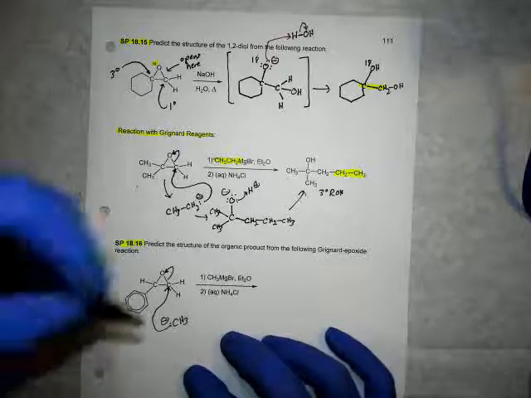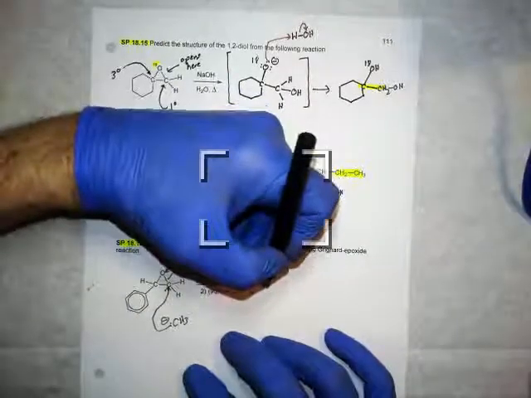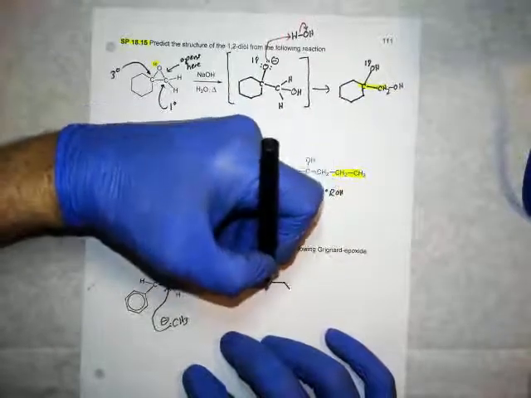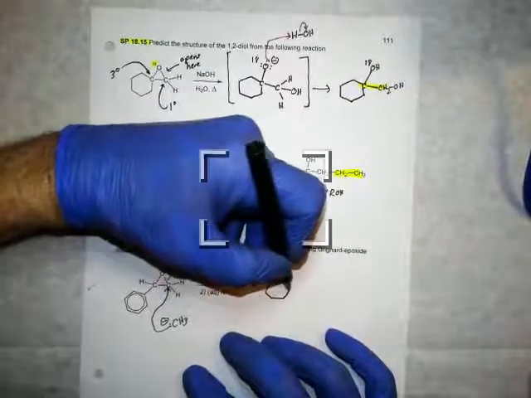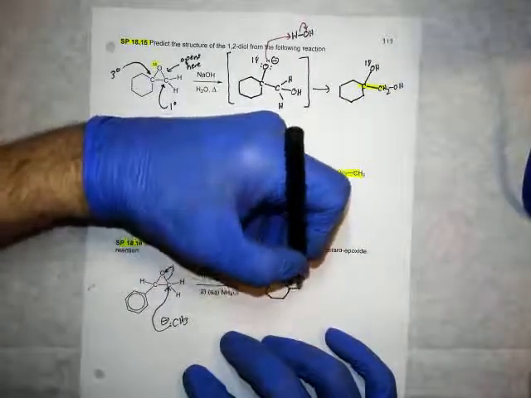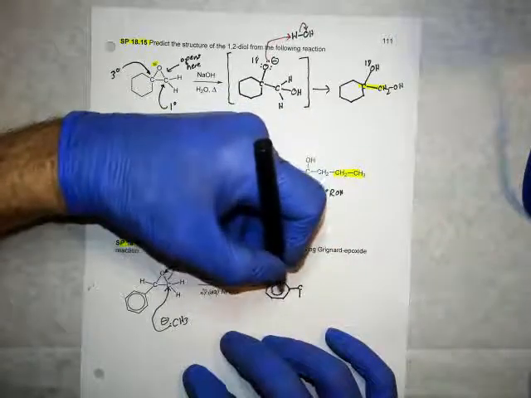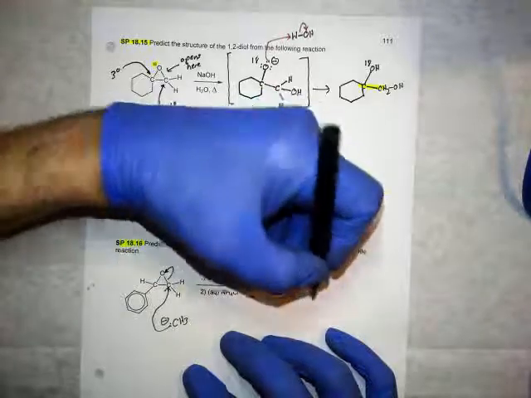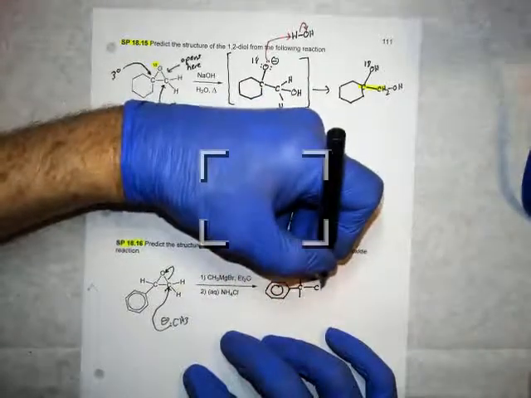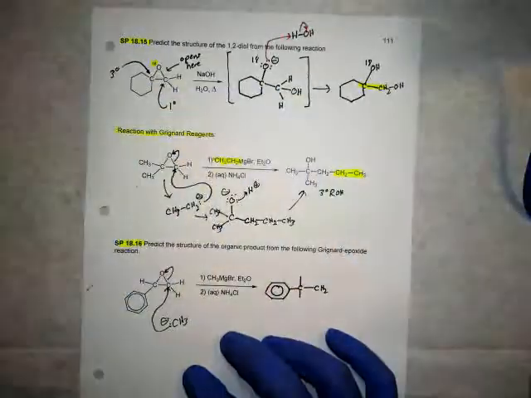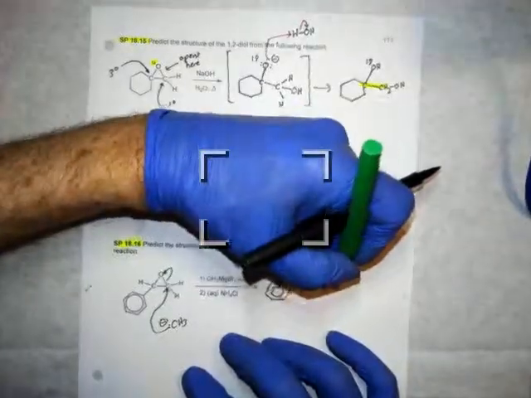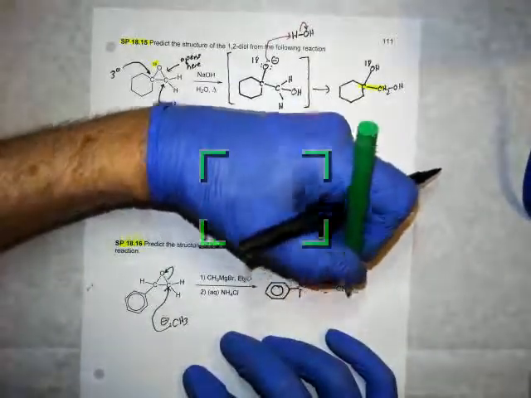Okay, so let's go ahead and sketch that out. So here's our phenyl, and here's that methylene. That methylene has a methide attached to it. I'm switching colors so you can see where everything's coming from.